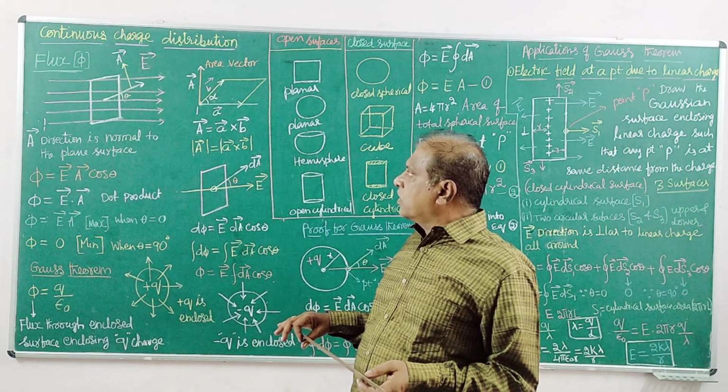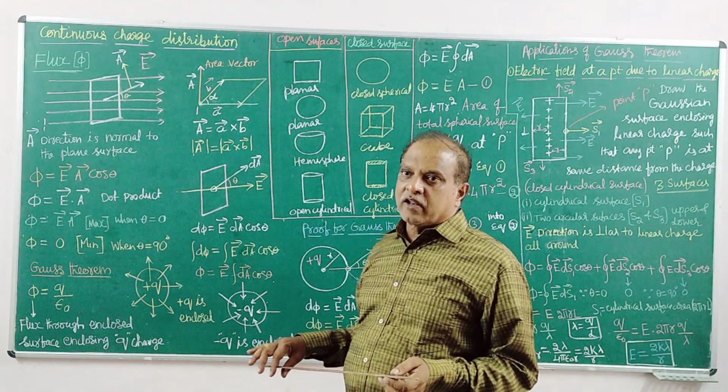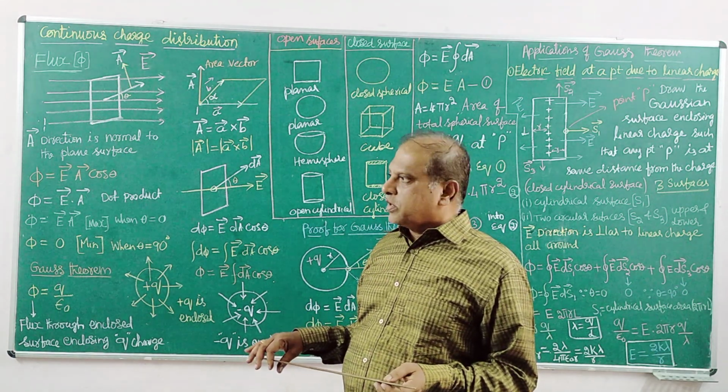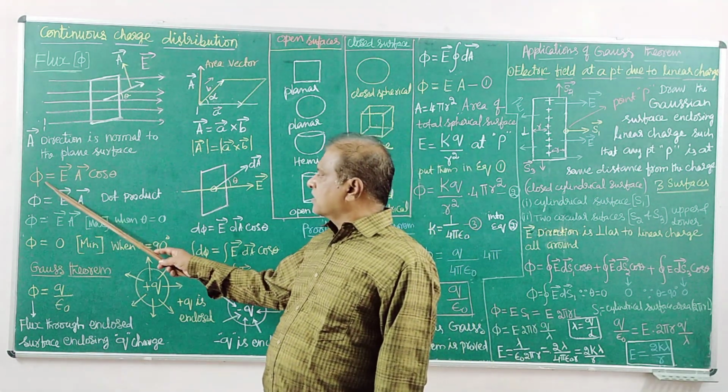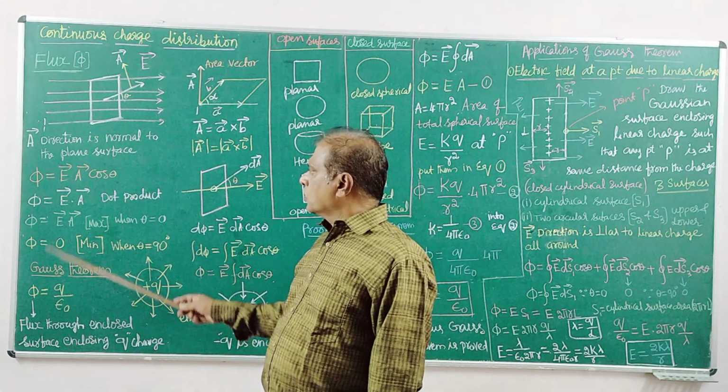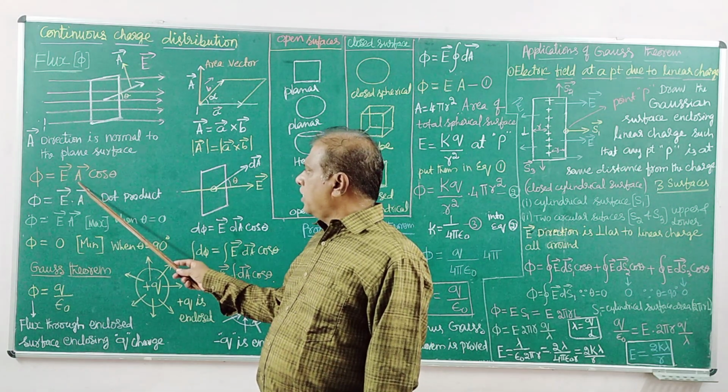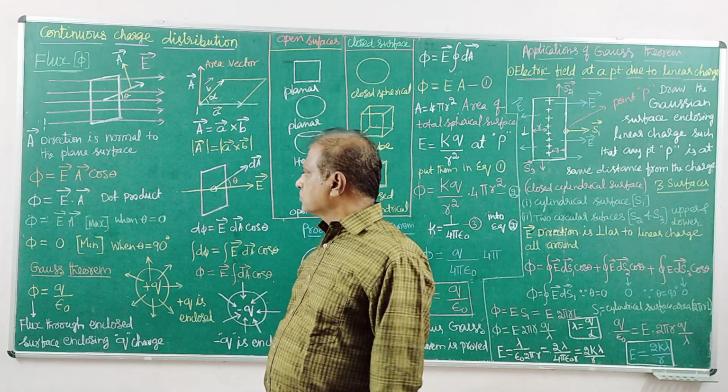The correct definition for electric flux is a mathematical definition. What is that mathematical definition? Electric flux is equal to E into A into cos theta.